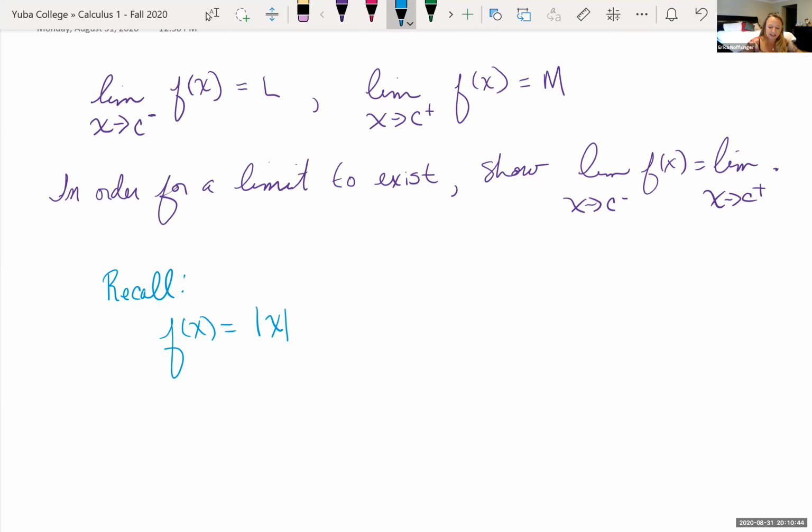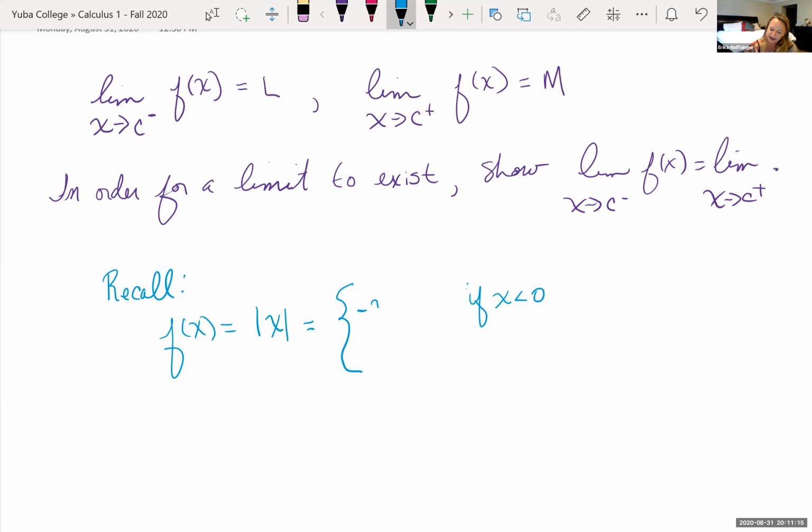So we can technically rewrite this as what is called a piecewise function. It really depends on the value of x. We're going to set the domain separately for each piece. So if x is less than 0, so if I plug in -1 in here, the y value I get back is really the negative of that -1.